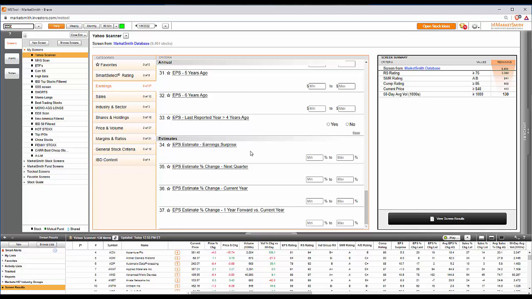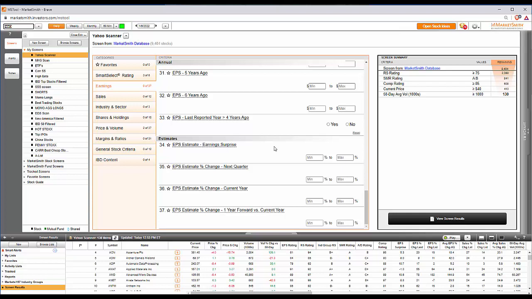Whether it comes from the company itself or from an analyst covering the company, it doesn't matter. It is a revision upward of what the company is expected to earn at the next earnings announcement.